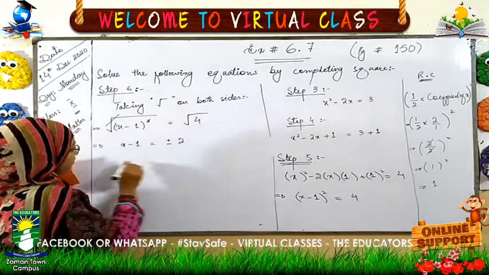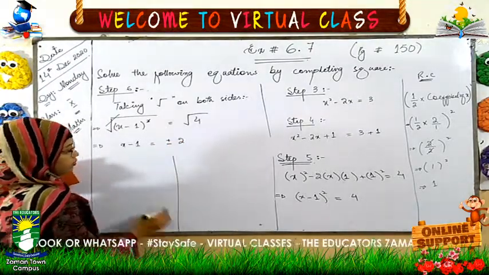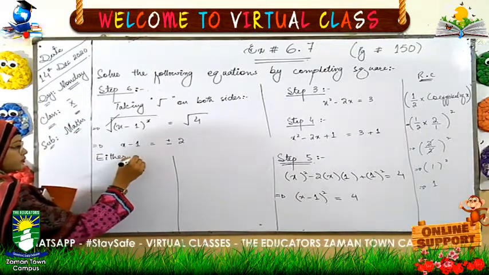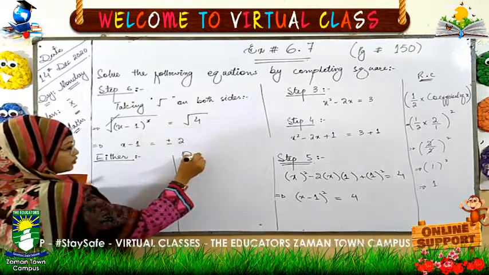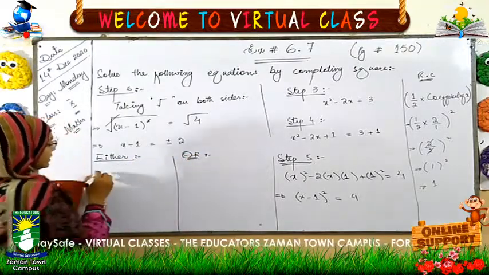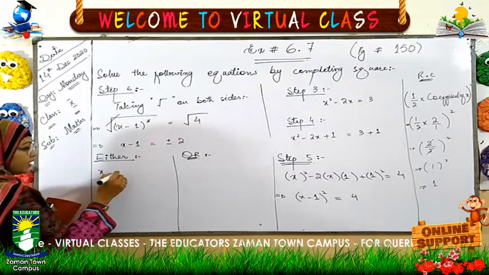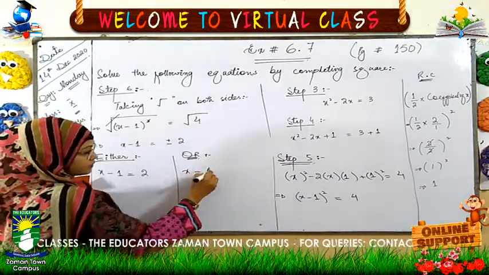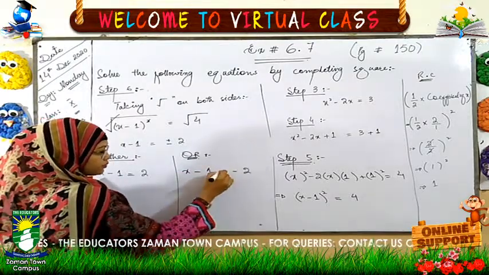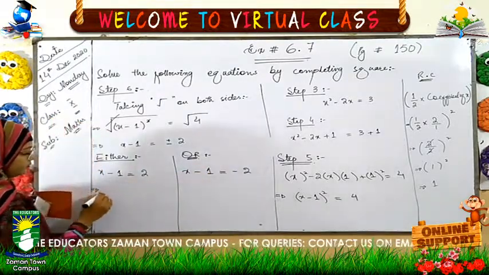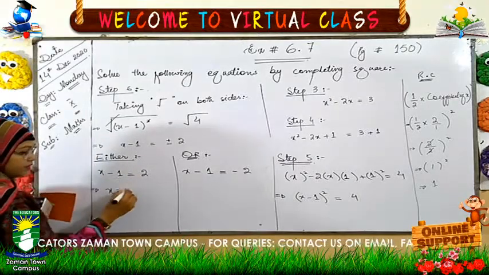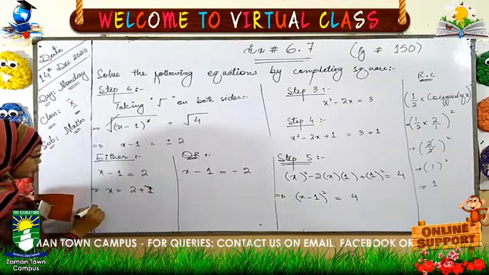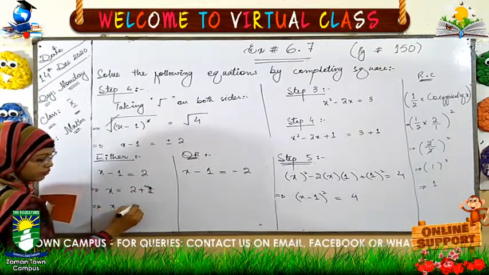Next step, either and or. Okay. Either or. In either, we will write x minus 1 is equals to plus 2, and here x minus 1 is equals to minus 2. Then x is equals to, minus 1 will become plus 1. So 2 plus 1, x is equals to 3.